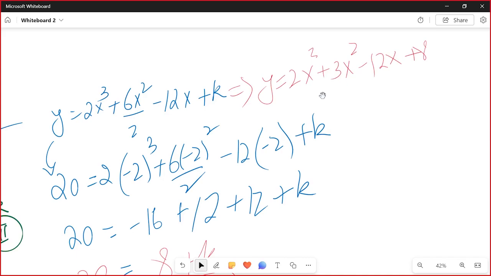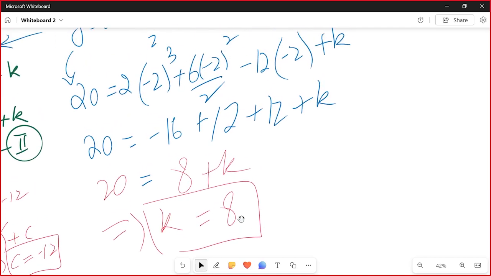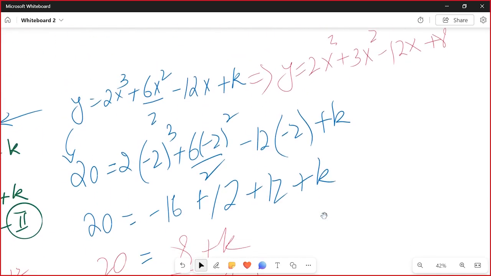So when we get 16, 24, 8, so k would have to be... We solved for k here, and that gave us k is equal to 8.